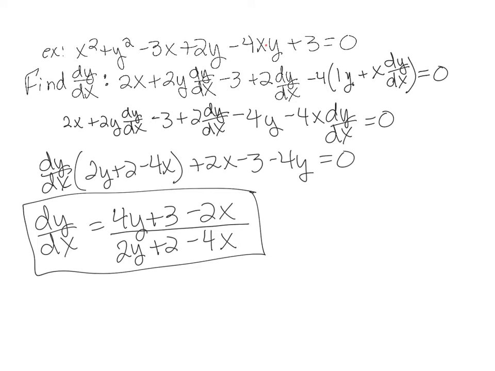Some of the problems in the homework may ask you to plug in values for x and y, something like that. But this is the important part, just being able to take the derivative and then solve for the derivative itself. Let's do one more example.